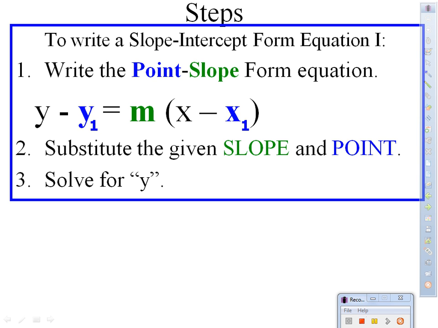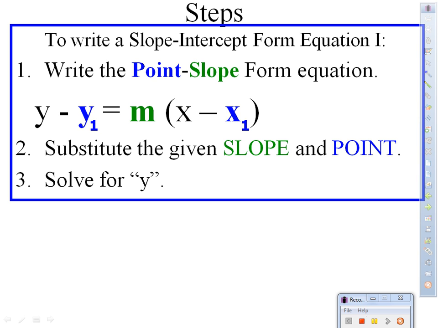Point slope form is y minus y1 equals m times x minus x1. Point slope form is y minus y1 equals m times x minus x1. Point slope form is y minus y1 equals m times x minus x1.